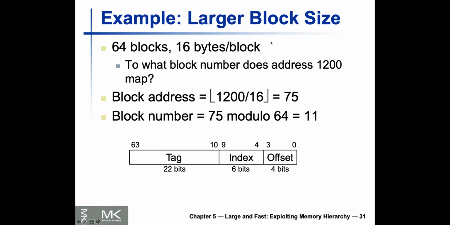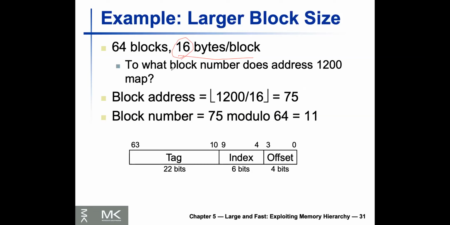Okay, so another example. We are trying to address a larger block size, okay? Now we have 64 blocks, and the way we address it is 16 bytes per block. Each of those blocks in the cache contains 16 bytes. That's why we call it 16 bytes per block. To what block number does address 1200 map?